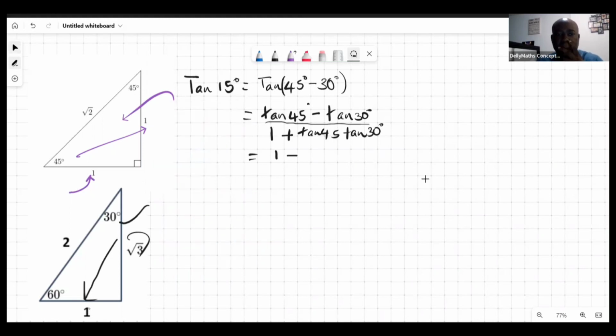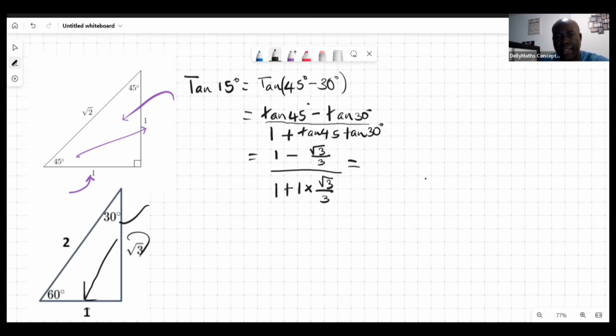All right. So what I'm suggesting here is that I'm going to have root of 3 over 3, and all of that will be divided by 1, and then we're adding that tan 45, which again is 1, times tan 30, which is the same thing as the root of 3 over 3.